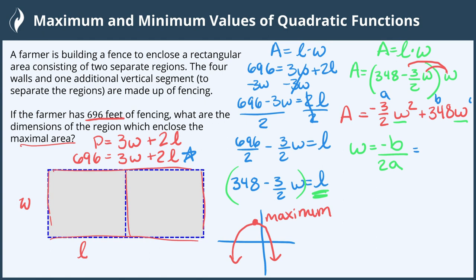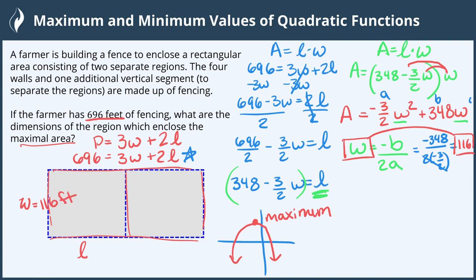B is 348, so we get negative 348 over 2 times A, which is negative 3/2. 2 divided by 2 is 1, so that simplifies to negative 3. And negative 348 divided by negative 3, a negative divided by a negative is positive, so we get a positive, in my calculator, 116. And so now we know W equals 116 feet.